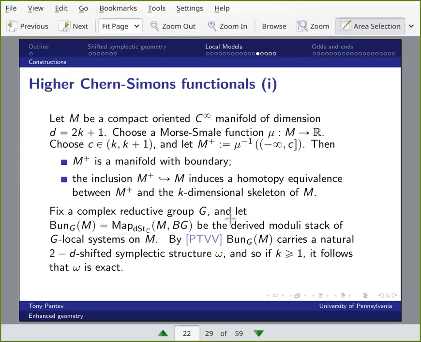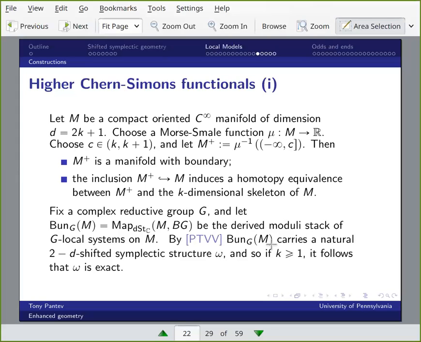This induces a symplectic structure, which is 2 minus d shifted symplectic. BG is 2-shifted symplectic. M is oriented with orientation of dimension d, so we get a 2 minus d shifted symplectic structure on the moduli stack of local systems, which I'm calling Bun-G(M).